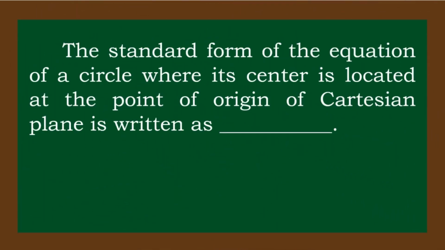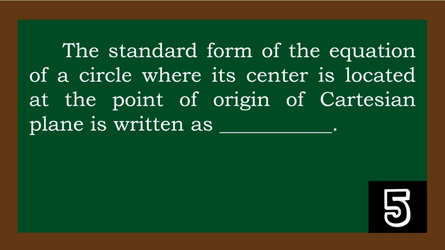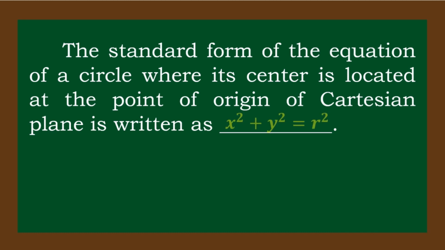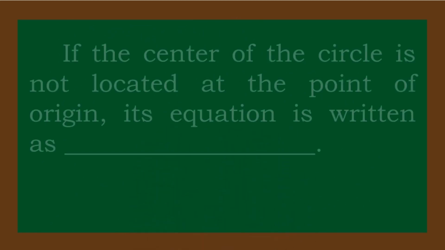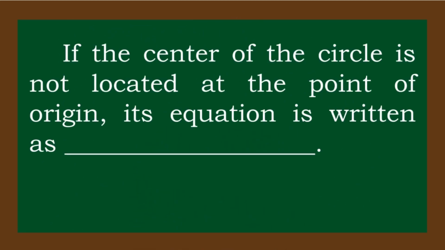The standard form of the equation of a circle, where its center is located at the point of origin of Cartesian plane, is written as blank. If the center of the circle is not located at the point of origin, its equation is written as blank.